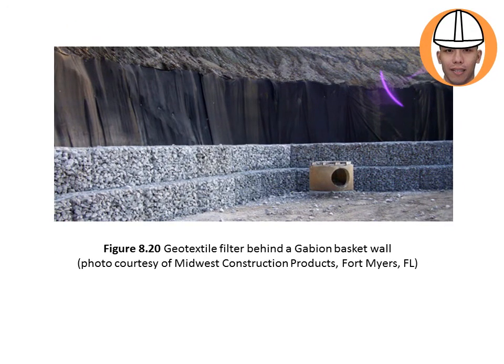Okay, so you can see here, these are the gabion basket wall, and then the geotextile filter is here, so this one.